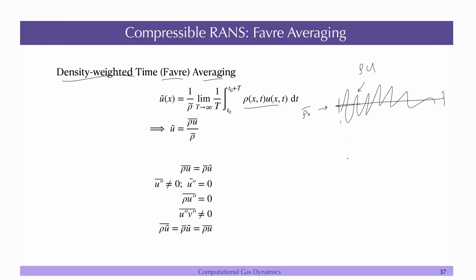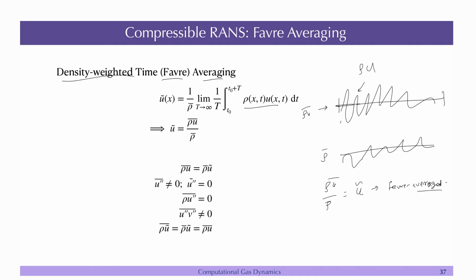So, this is rho u, and let us say you have another one which is basically rho bar. So, you take this rho u bar by rho bar, and that will give you another averaging which is called the u tilde. This is called the Favre averaged quantity.